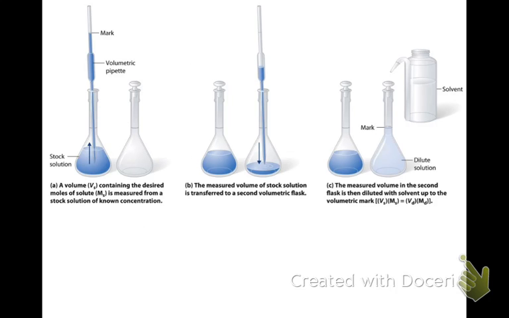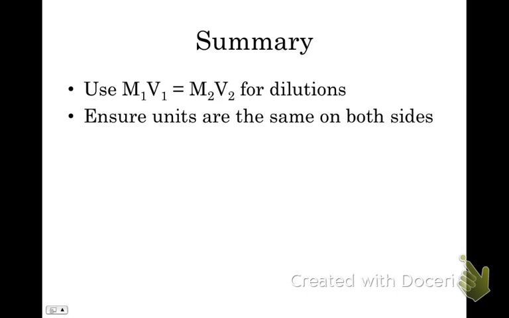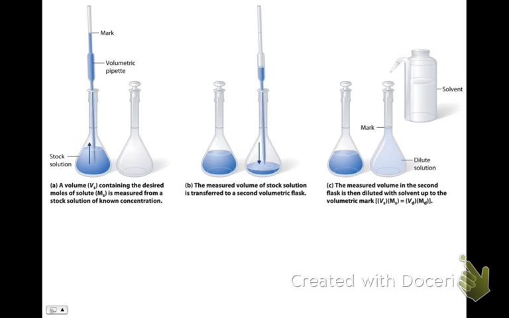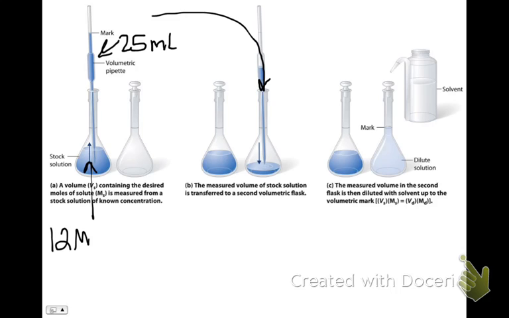So here, on the left-hand side is my concentrated solution. So this one would have been my 12 molar. Here I'm extracting out 25 mils, and then putting that into the second volumetric flask, and then filling it up to the line with water to show the diluted solution. Okay, so this new diluted solution is 0.10 molar.